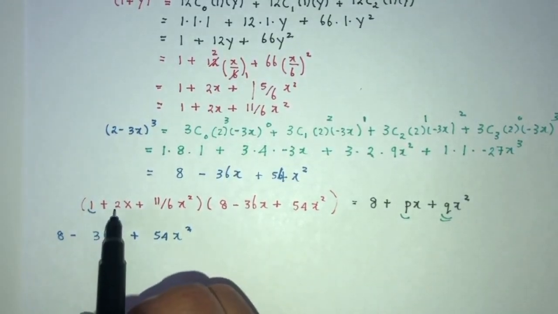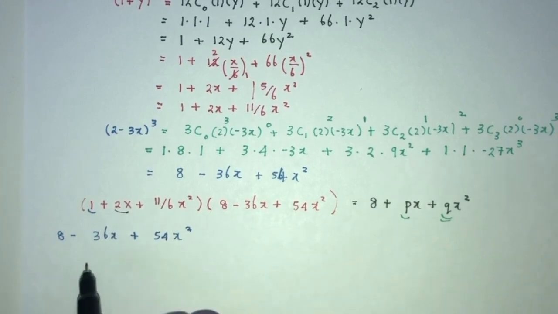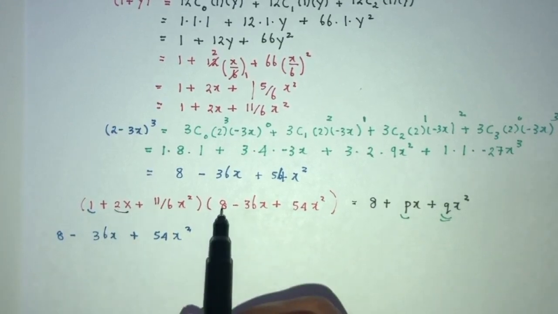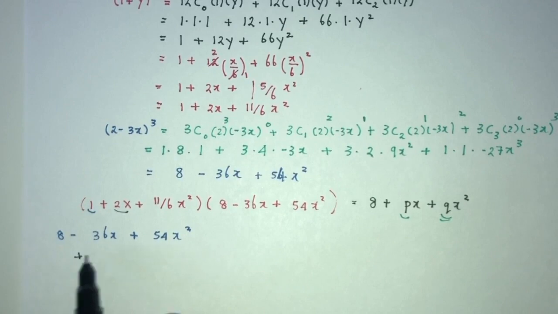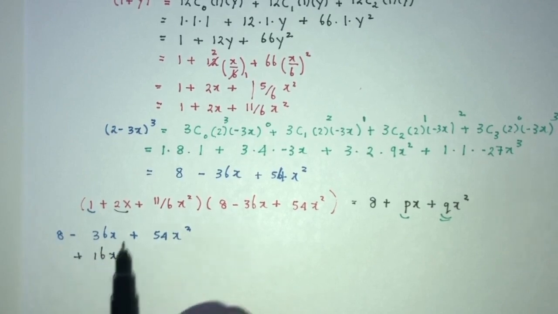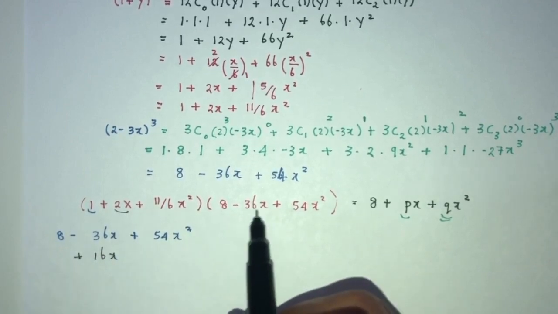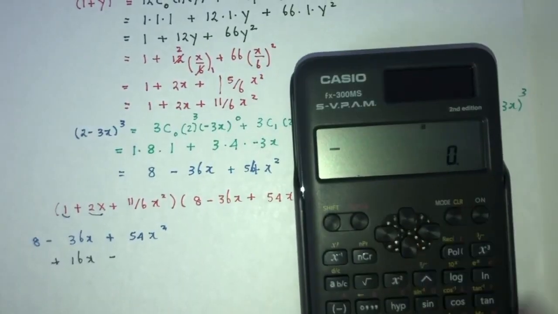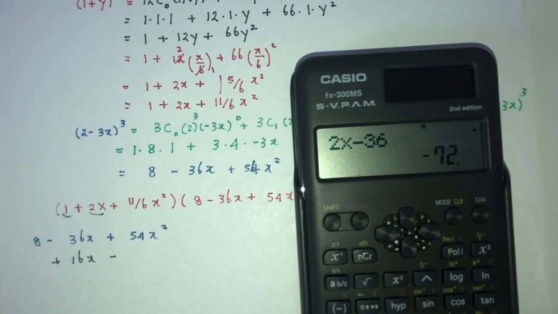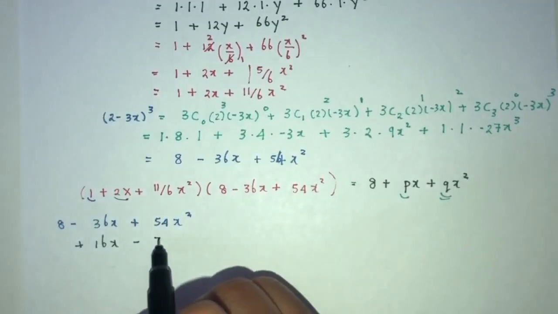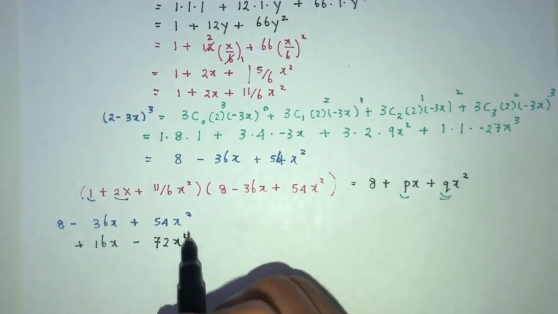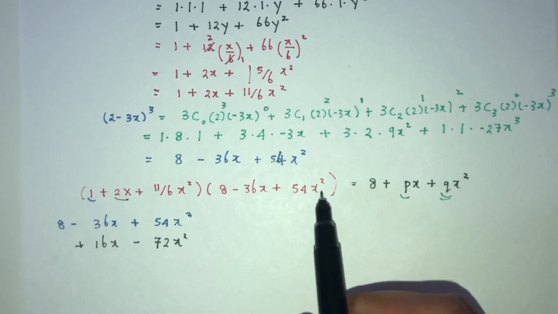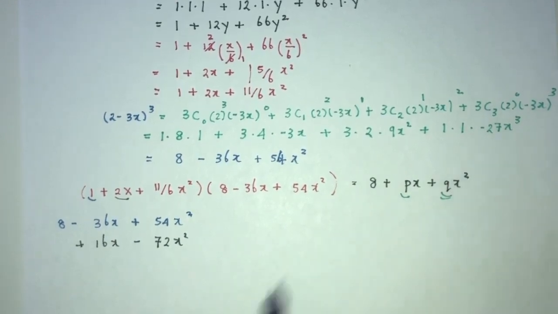Now we take plus 2x multiplied by this, you will have what? You will have 2 times 8 will be plus 16x. 2 times minus 36 will be minus 72x squared. And if you take this term, this will be x cubed, but we don't care about cubes, so we can leave this alone.